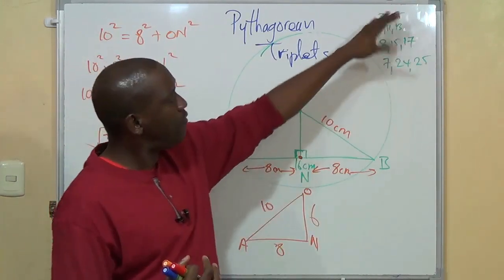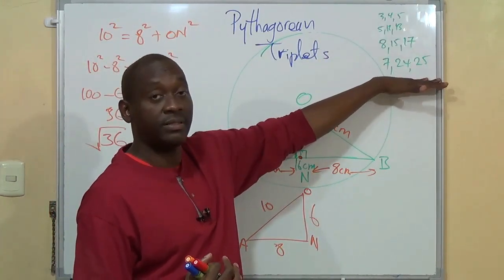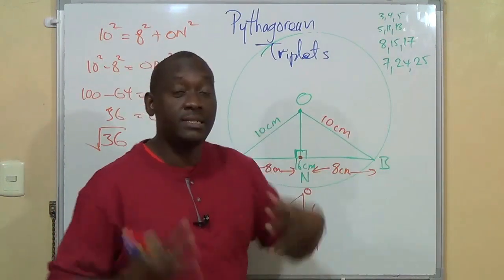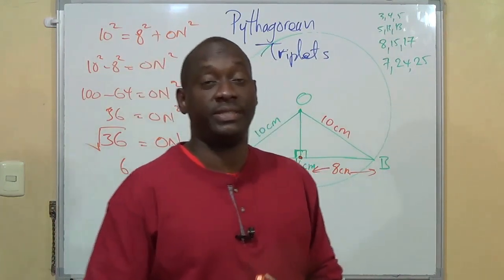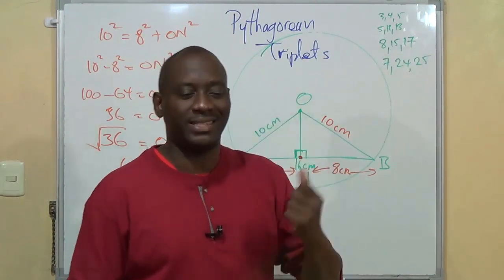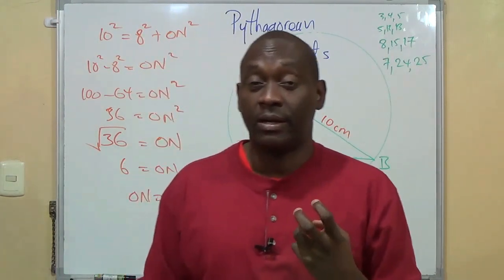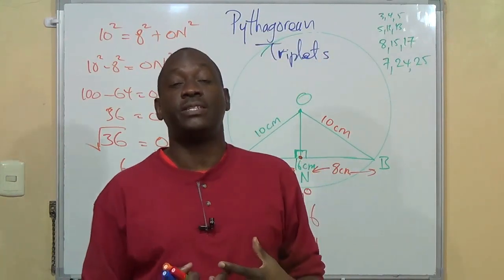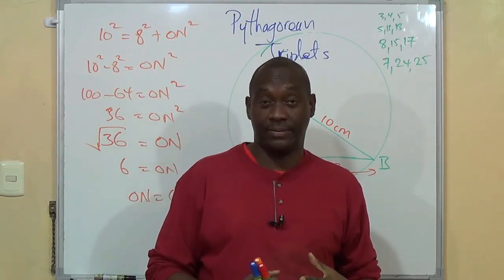So you have 4 examples that you need to know for CXC purposes, for CSEC purposes. Knowing these 4 triplets will save you a lot of time in a multiple choice. Remember, in your regular multiple choice, you have 90 seconds to answer a question.